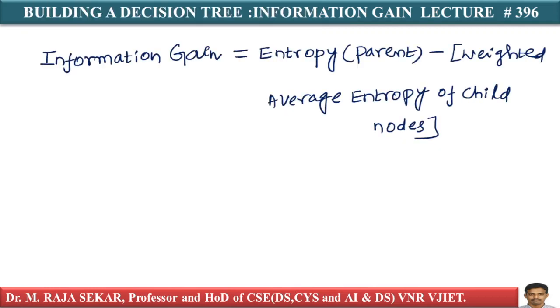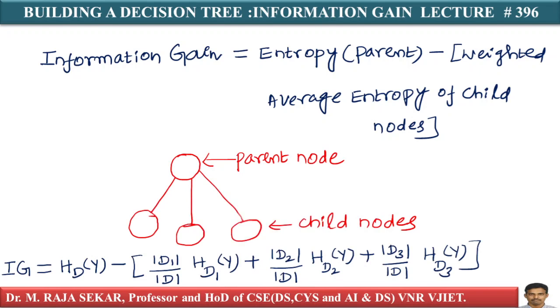Isn't it? Information gain is entropy at the parent minus the weighted average entropy of the child nodes. I can write this: let me say this is the parent node. These are child nodes. Let me take the entropy at the root node, H of y at D, minus the weighted average. Let me say here you have |D1| points: |D1| by total number of points, and entropy at this point.